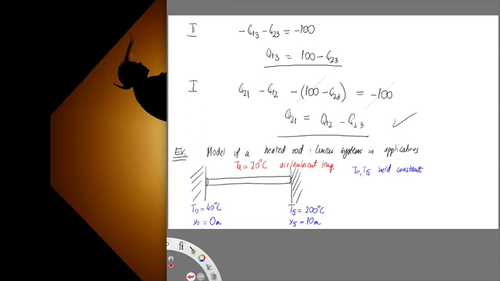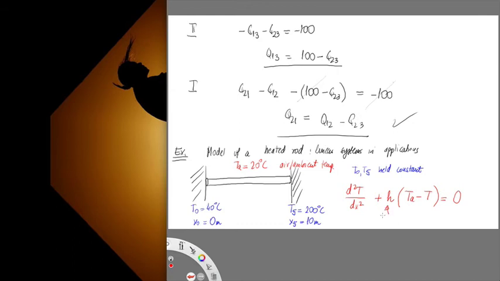And I'm not going to derive this, but basically the differential equation that governs this system is the second derivative of temperature versus space, so second order derivative, plus h. H is a parameter that I know. H times the difference between T_A and T. So this is my ambient temperature, so this is my boundary condition, and this is my temperature of the rod.